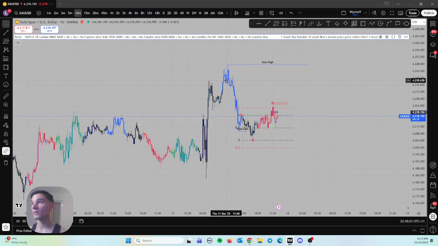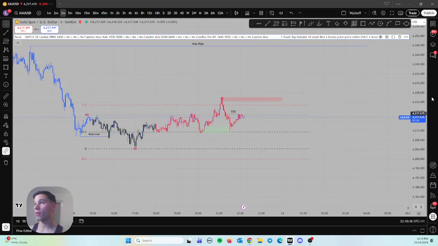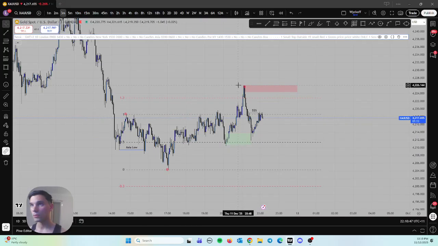We'll monitor that for now. And even the return to zone is pretty good. So this is what gold is providing us with at the moment.